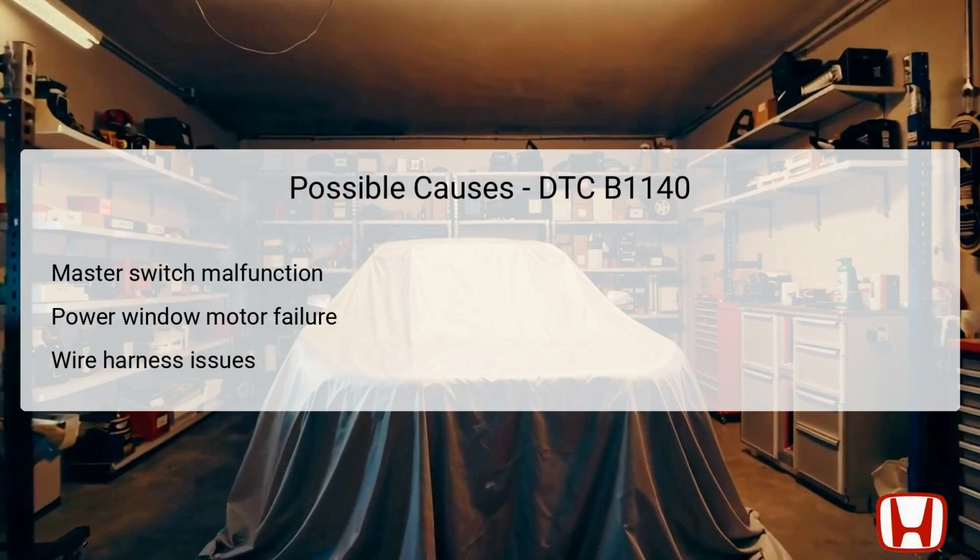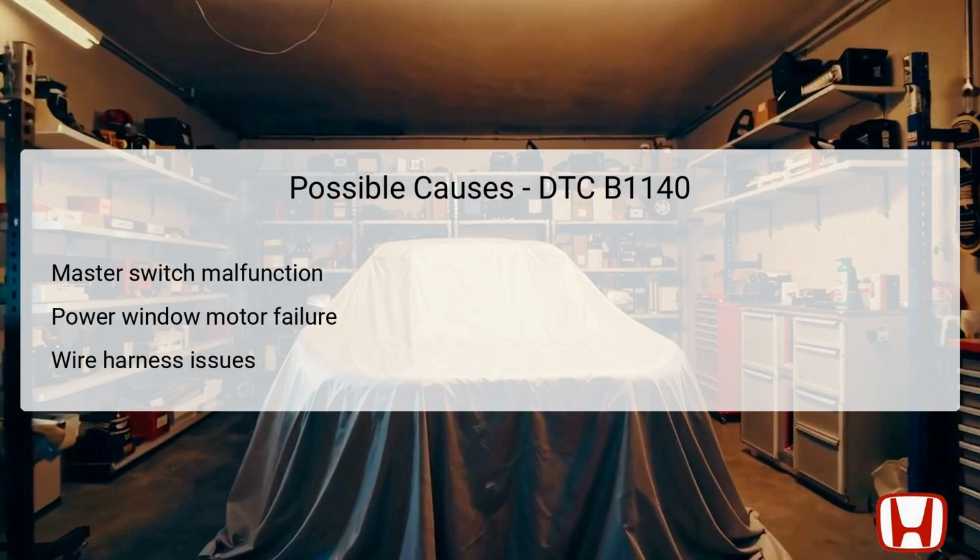Possible causes for DTC B1140 include several components that could be malfunctioning. One major suspect is the power window master switch itself, which can fail over time due to wear or internal issues. Another potential cause is a failure within the power window motor. If the motor is faulty, it won't properly send the position signal to the control unit.